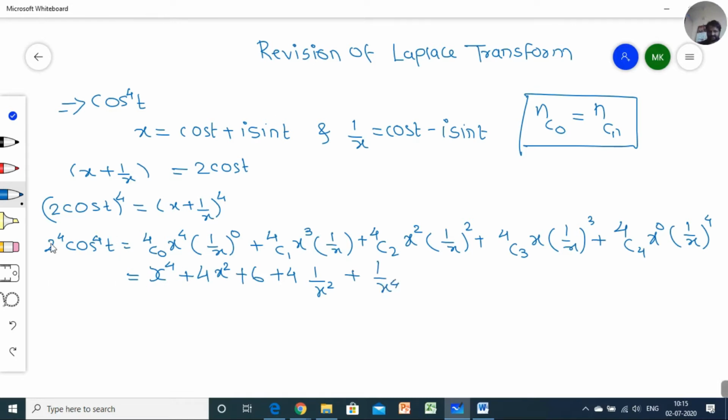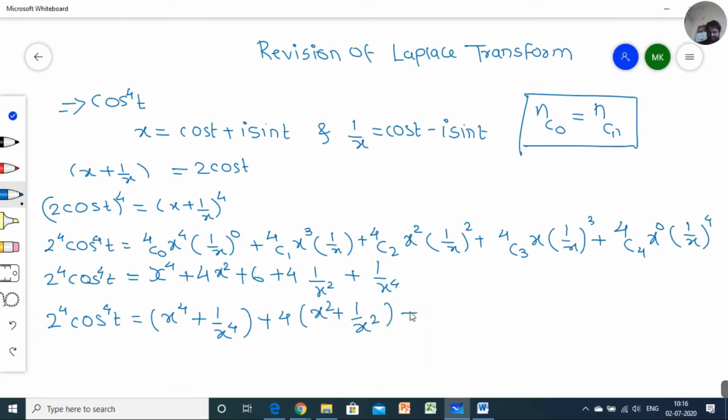Simplify this part: 2 raised to 4 cos raised to 4t, which is equal to x raised to 4 plus 1 by x raised to 4, plus 4 taken as common, remaining x square plus 1 by x square.